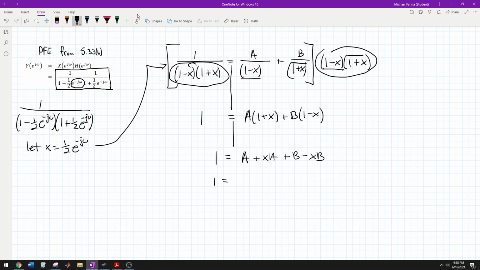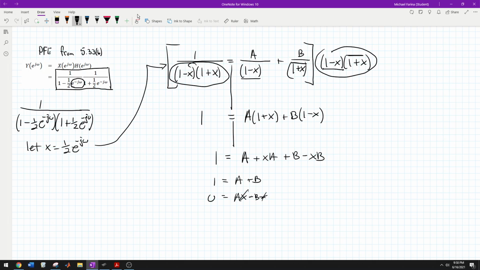and we have 1 equals a plus b, 0 equals ax minus bx, and on this one we could just divide out x.